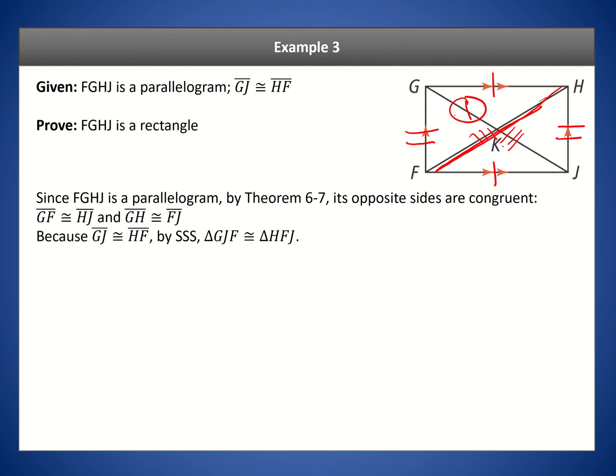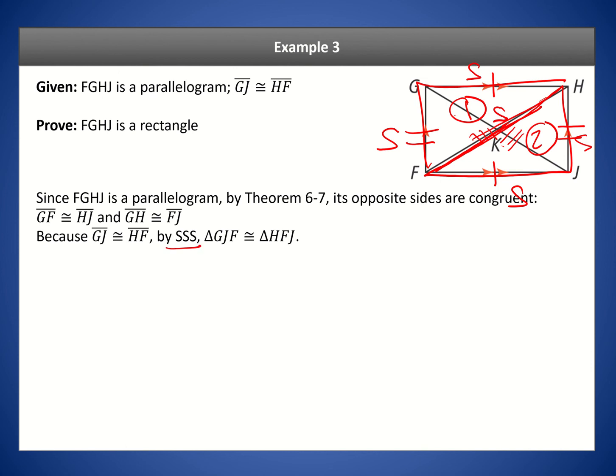So you can see that triangle right here that I've outlined, and this triangle on the bottom, those two triangles have to be congruent by side, side, side. So we have a side, a side, and the side in the middle. So those two triangles have to be congruent by SSS.